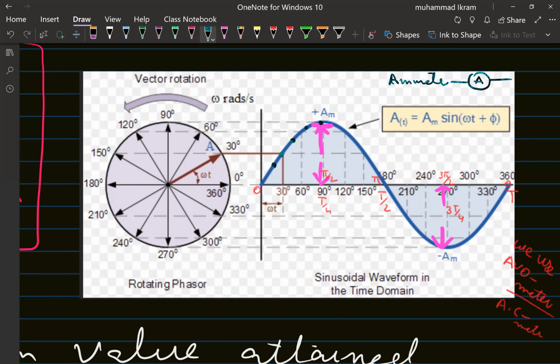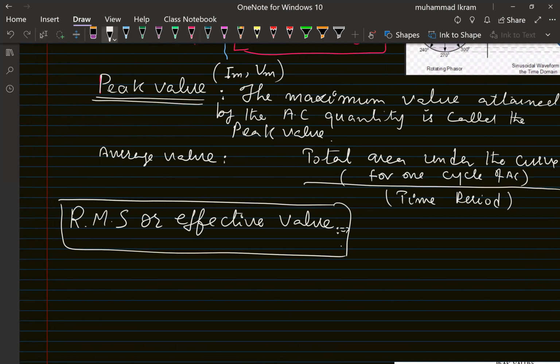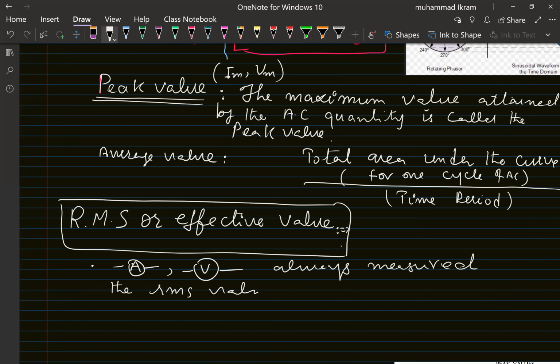Now for that reason we use the RMS values, and one thing must be very sure: for the RMS values or the effective values, the ammeter and the voltmeter, when you place them in an AC circuit, always measure the RMS values rather than the maximum or minimum value.